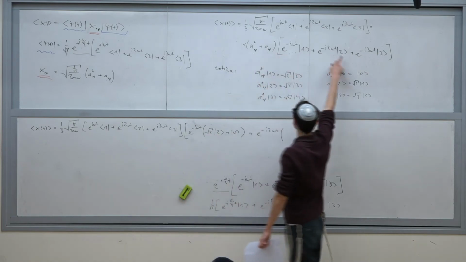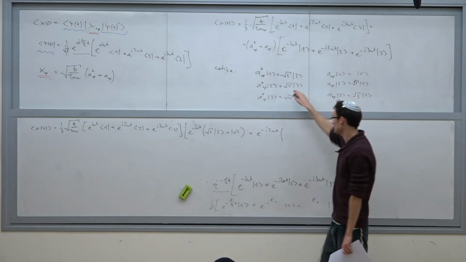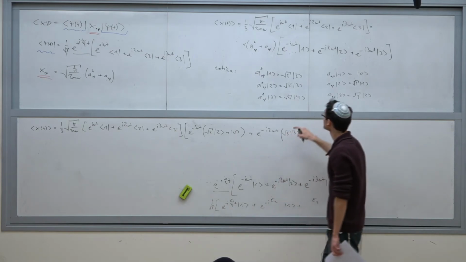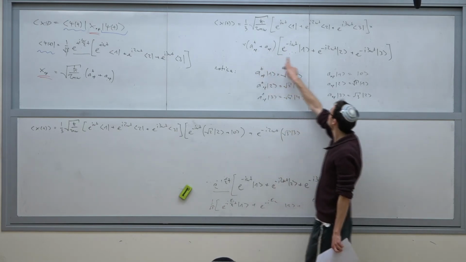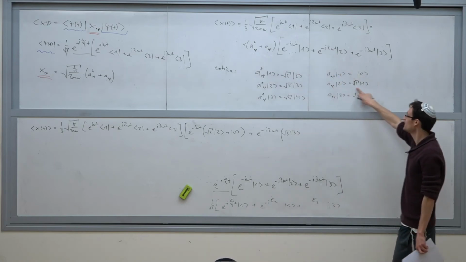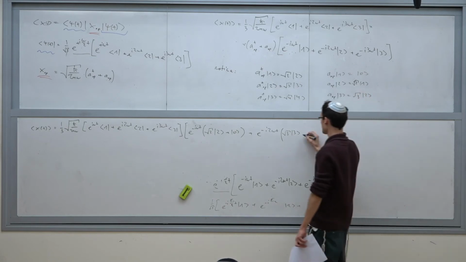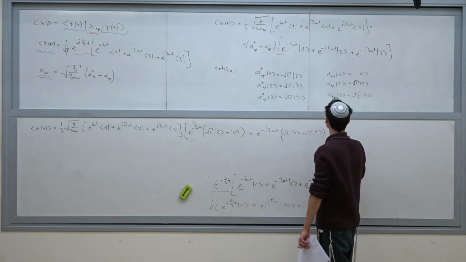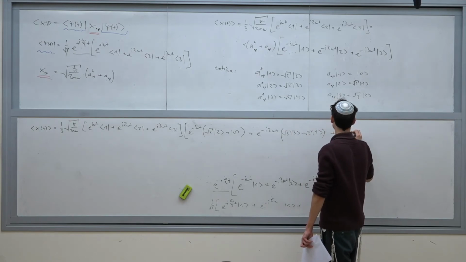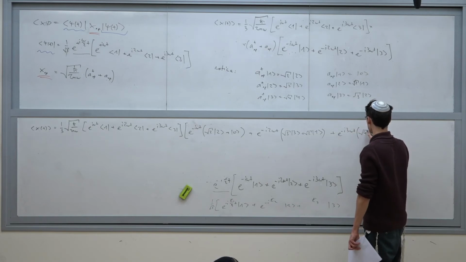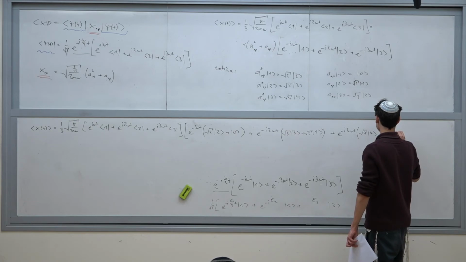Now when a dagger acts on 2, we get root 3 times 3. Are you following me? And when a acts on the ket 2, we use this equation right here, we get root 2 times 1. And we'll do the same for the third term. So we get root 4 times 4 plus root 3 times 2.